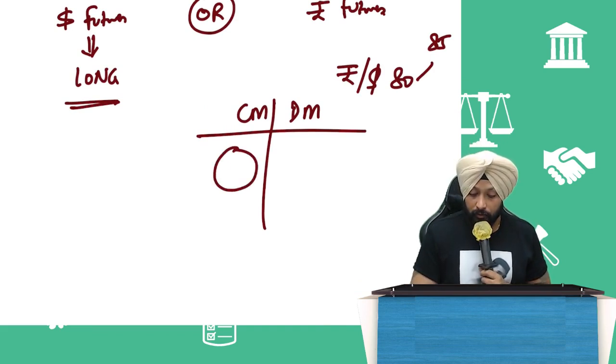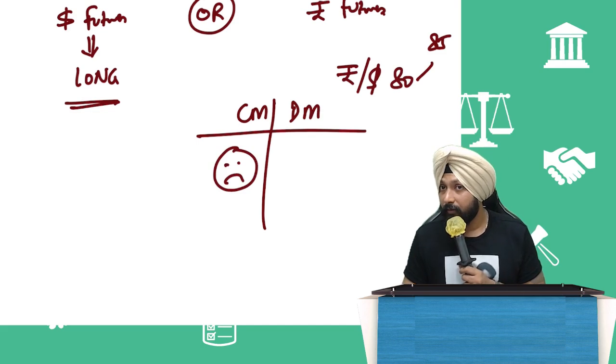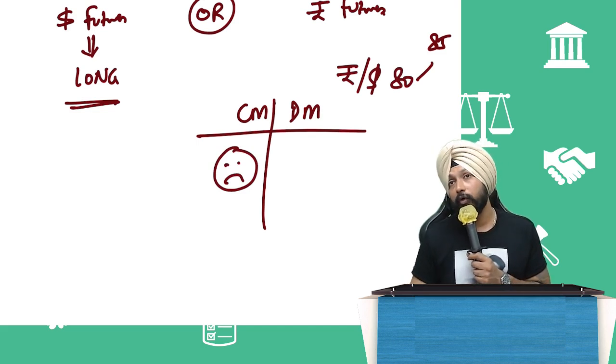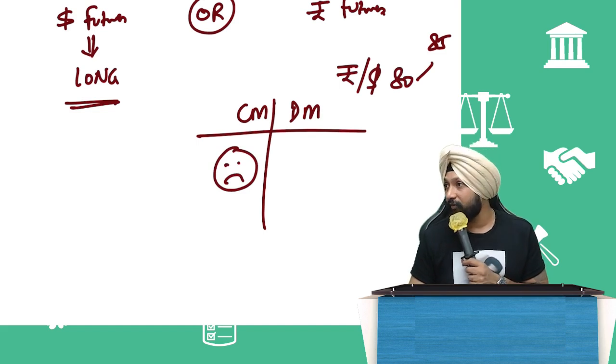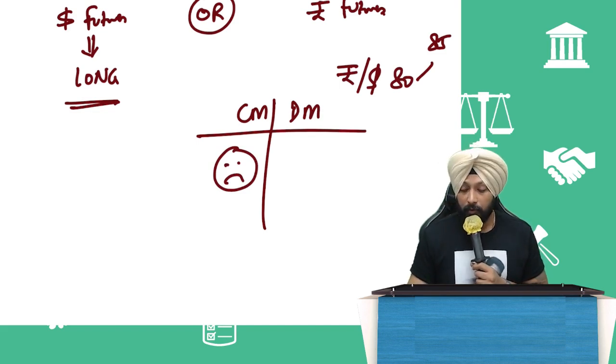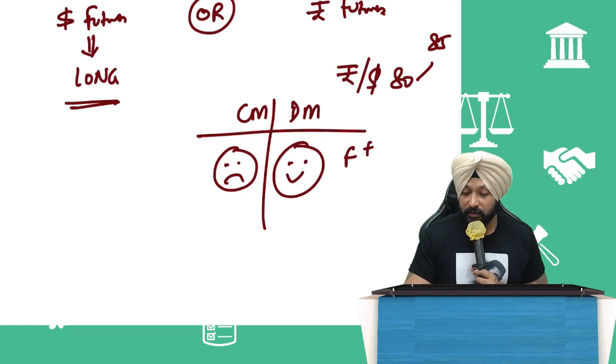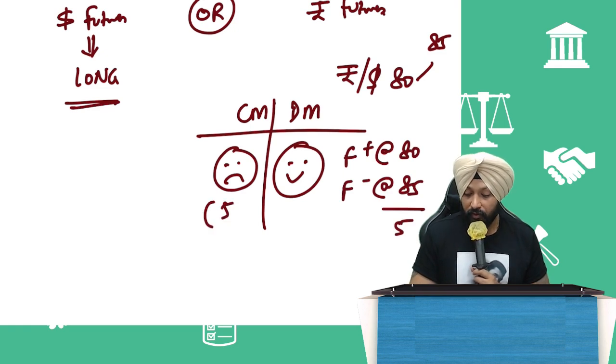In the currency market, you will cry. You're sad because you are thinking, oh, 6 months back we didn't settle. No, now we have to pay 85 for every dollar. In the derivatives market, you smile. Why, sir? Because you took F plus at 80. You will do F minus at 85. How much you made? 5. How much you suffered here? 5. So whatever extra you suffered here, you make over here.